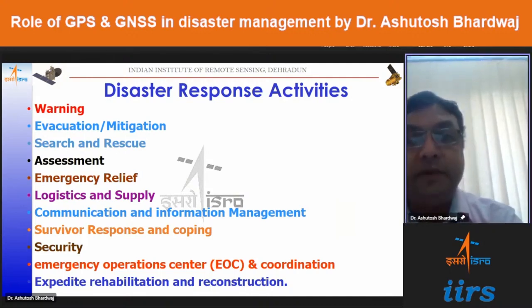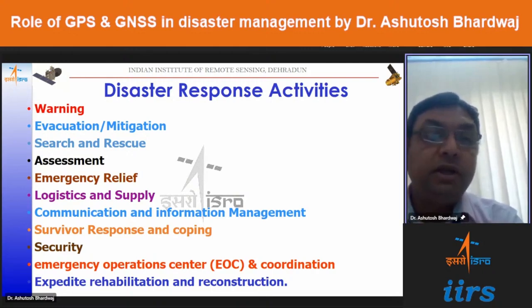So the disaster response activities also involve the warning, evacuation, mitigation, search and rescue operation, assessment, emergency relief, and so on.